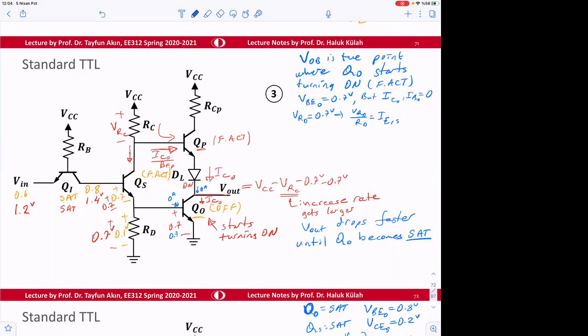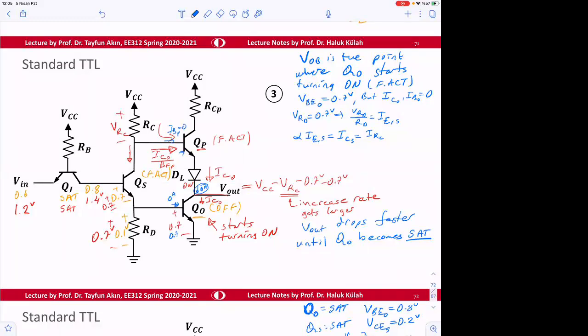And then that emitter current of the splitter transistor times alpha, alpha times IES, is going to give us I collector of S. I collector of S is also equal to IRC, because this current is 0, so this current is still 0. IB of P is also 0.